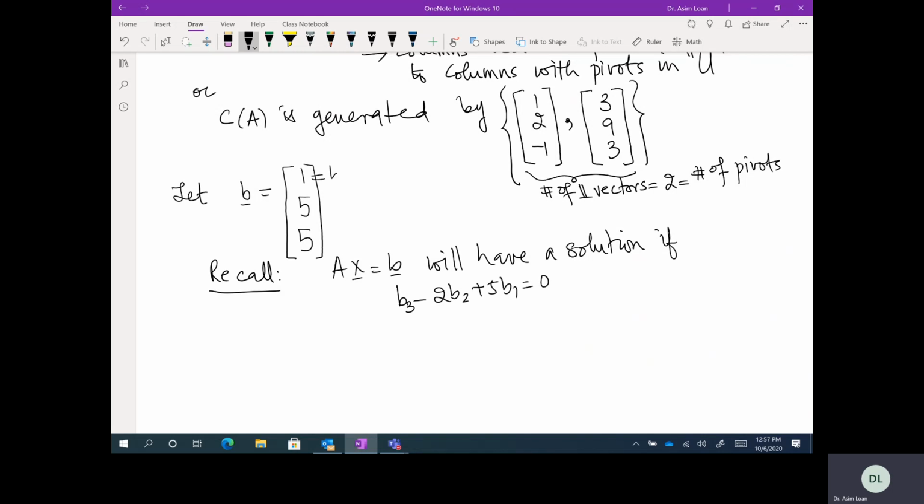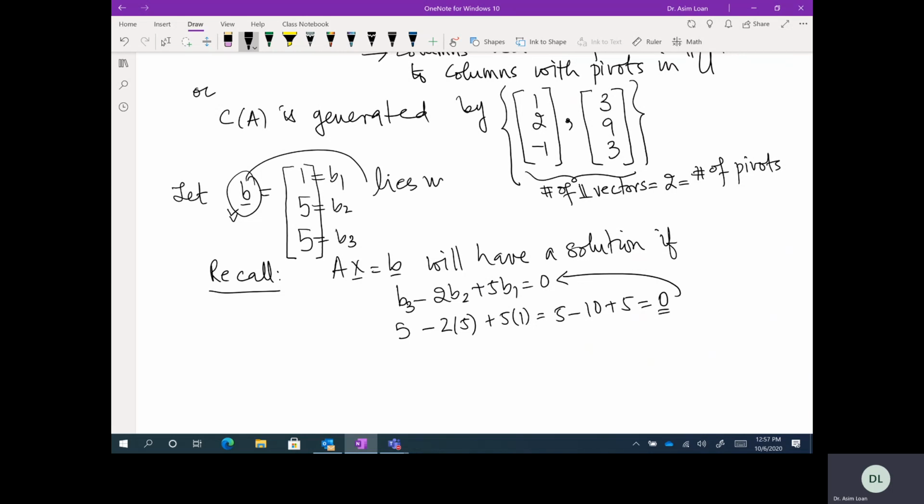This is b1, this is b2, this is b3. So b3 is 5, minus 2b2 is 2 into 5, plus 5 into 1. This is 5 minus 10 plus 5, which equals 0. So this b lies in the column space of A. Okay, so obviously we are going to have a solution.